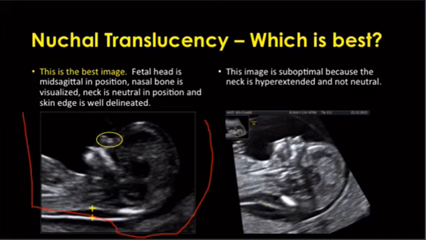That means this line here is straight. See how that's straight as opposed to this. See how his head has this angle here. This can mess with your measurement. So you want it totally neutral, and you want to be right in the midline, which means you're seeing the nasal bone. We're not seeing the nasal bone here, and his head has this angle, so this is wrong.